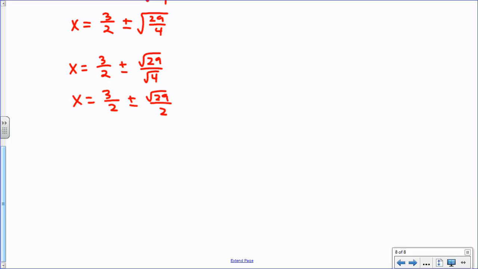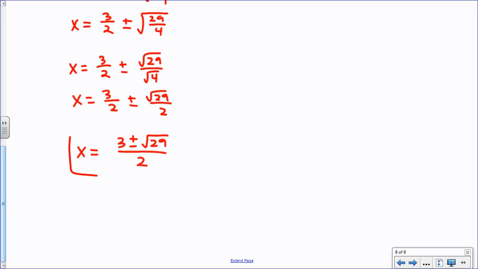Now, your book will combine these. This is not an imaginary number. It's not a complex number, so you don't have to do a plus bi. You don't have to keep them separate. If you use the quadratic formula, your answer would look like this anyway.